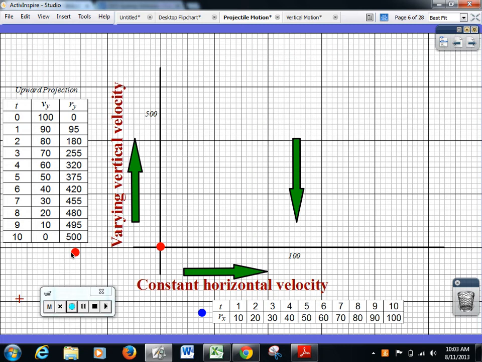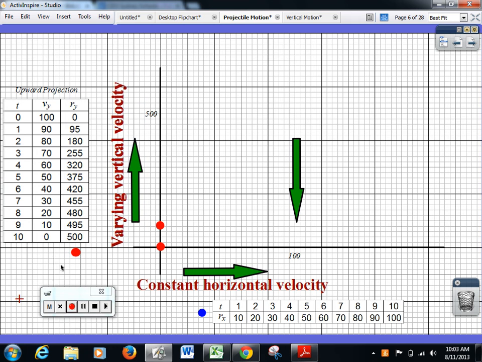At time equalling 0, we're 0, then it's 95, then the next is 180. 180, then 255, then 320, then 420, then 455, then 480, then there's another 2 over top of each other, and then 500. Okay? So that's the projection of the ball going vertically.